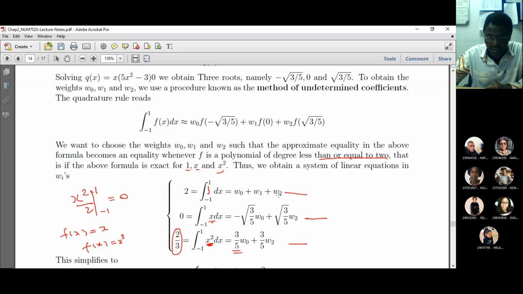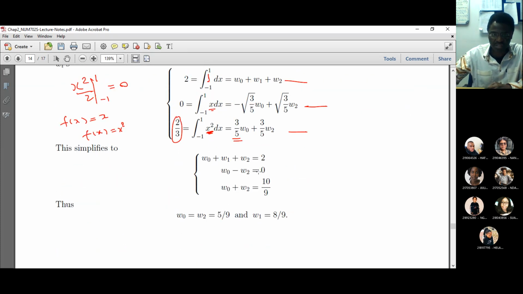So I have 3 equations and 3 unknowns, so I solve this. This is the system when you rearrange. You see that you can factor this by square root of 3 by 5. And for this last one, you factor by 3 by 5, and then you get the sum equal to this.